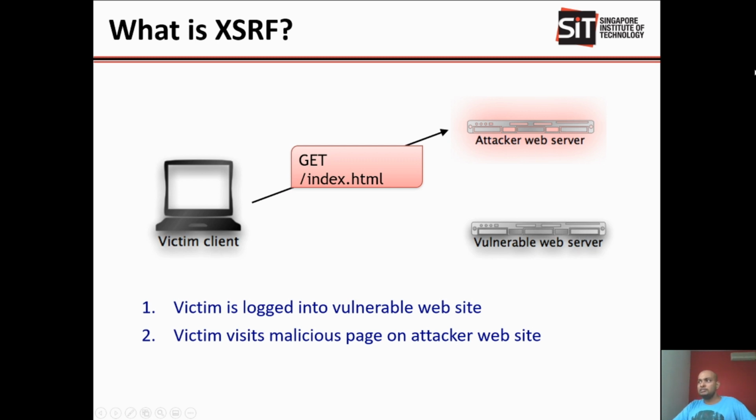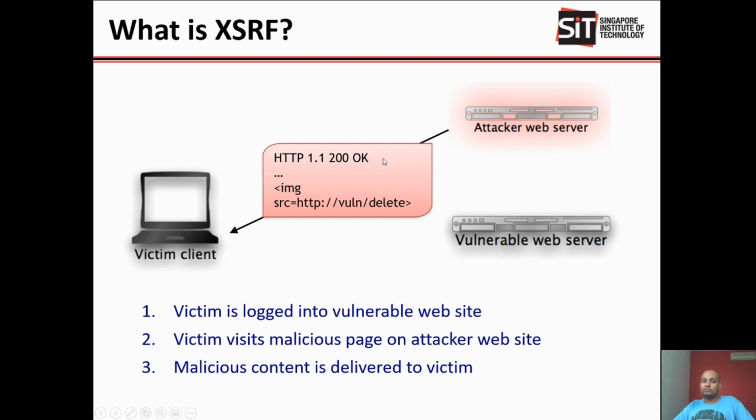There's a script here in this web server which says send $1,000 to a particular account number. Okay, and that is running where? That is running on the victim's client, the victim's browser.